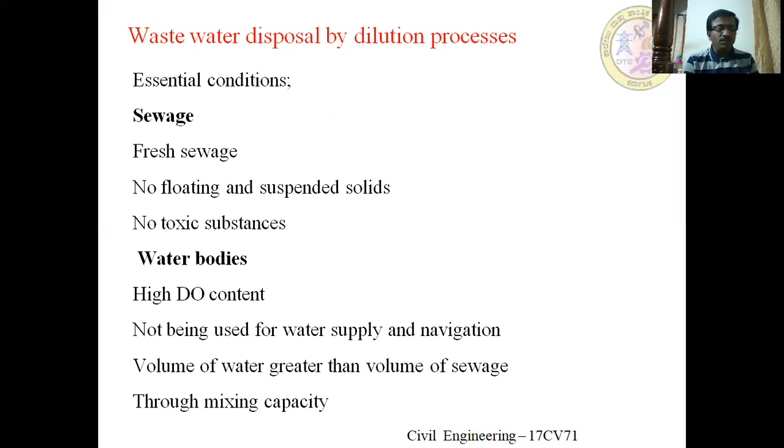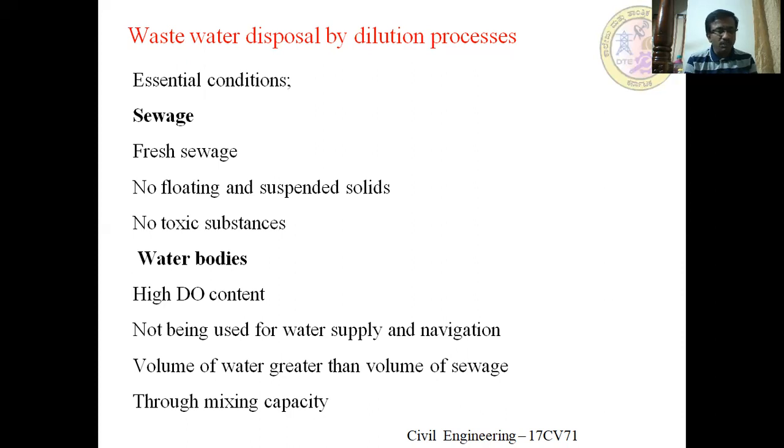No toxic substance. Definitely, if there is any toxic substance, toxic substance means some substances like dyes or pesticides and all these things. If it is present in the wastewater, definitely it may cause a health hazard to the aquatic life living in the receiving water body. And also, if toxic substances are there, then it is not so easy to degrade them.